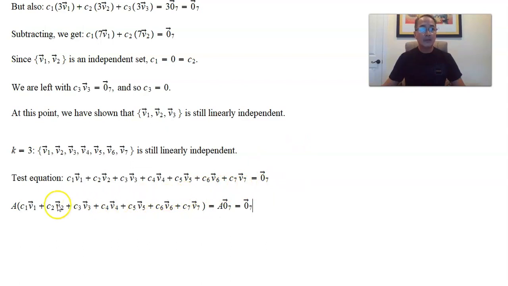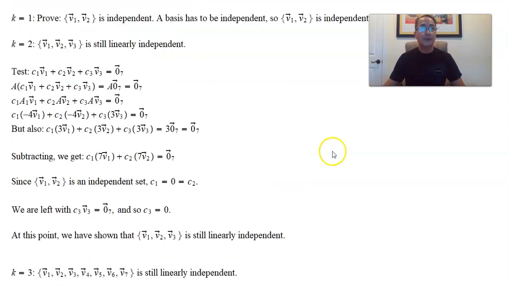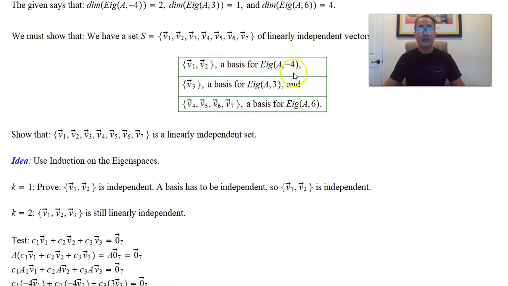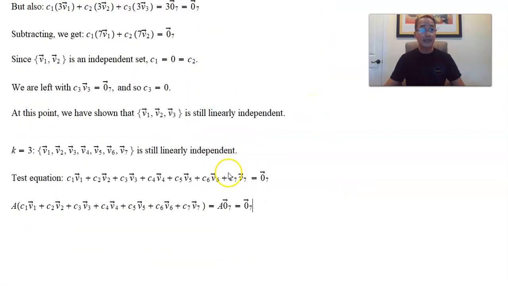So we are going to distribute A to all the 7 terms of this test equation. Remember that v1 and v2 are from the first eigenspace for -4. v3 is for lambda equals 3. The last 4 are for lambda equals 6. So let me pause again, and I will distribute that and include the last.